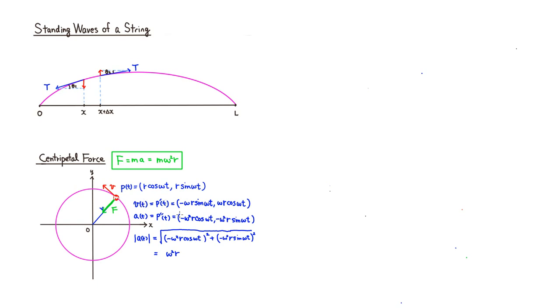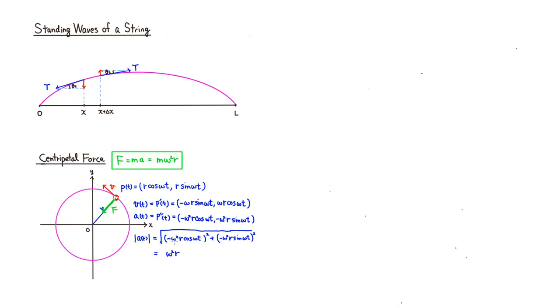You take another derivative, and you end up getting negative omega squared r cosine of omega t, comma, negative omega squared r sine of omega t. This is the acceleration vector. I'm going to take the magnitude of the acceleration, and you end up getting omega squared r.